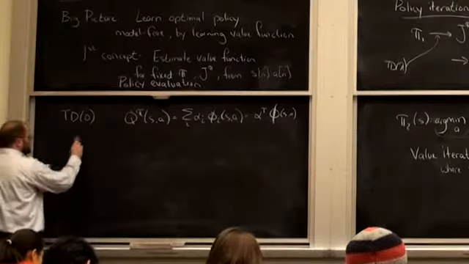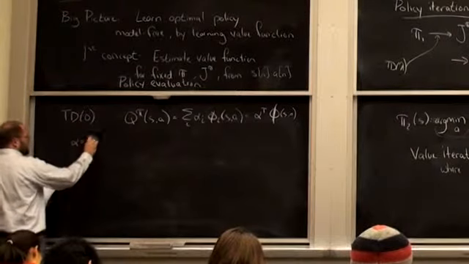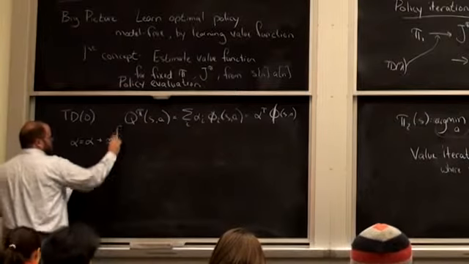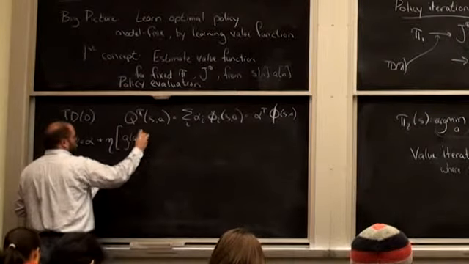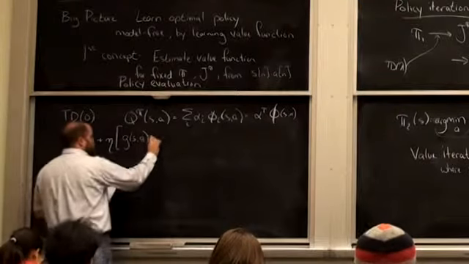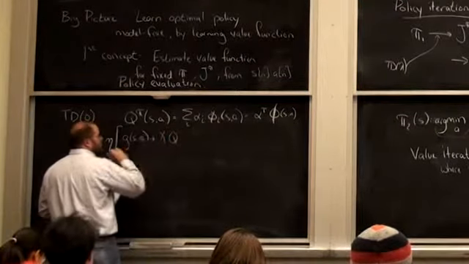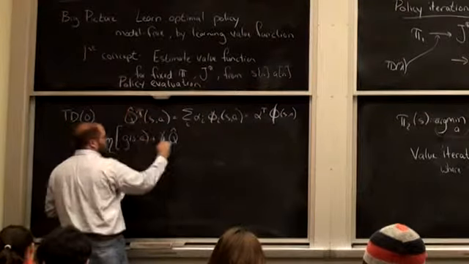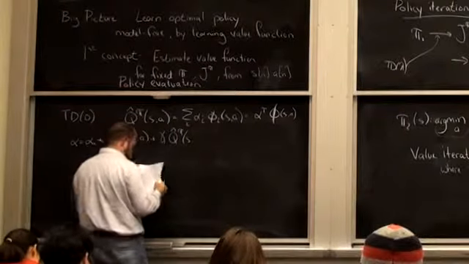Then the TD0 update is going to be alpha plus gamma, call it half just to be careful here, phi of S.